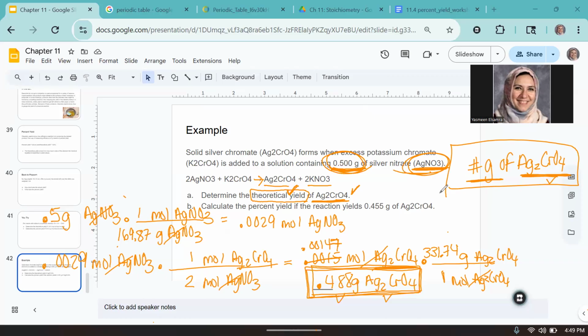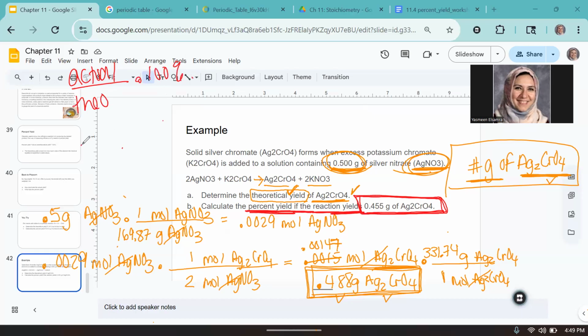Okay, so now let's do part B. Part B is very easy. It's actual over theoretical. So it's saying percent yield. If the reaction yields, so if we actually end up having 0.455 grams of Ag2CrO4, we do actual over theoretical times 100%.